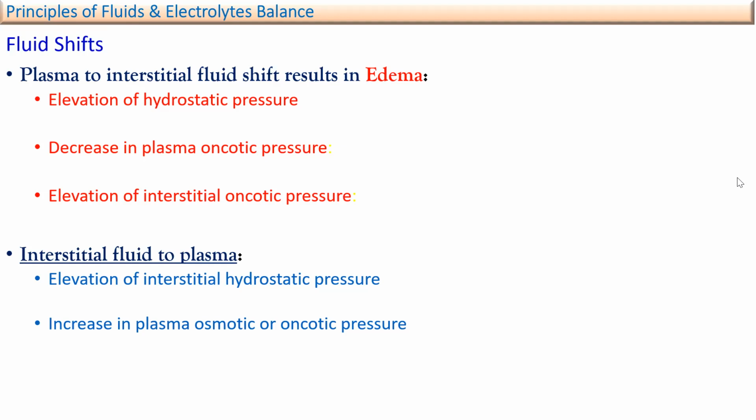So when the oncotic pressure in the plasma increases, like when you administer colloids, proteins, albumin, dextran, mannitol, or a hypertonic solution, you are going to pull more fluids from the interstitial space back into the plasma or vascular volume.